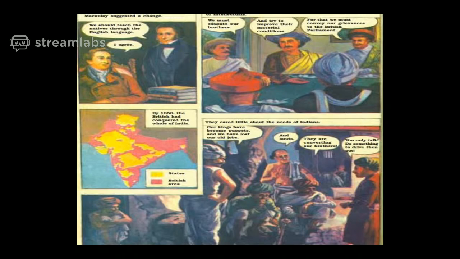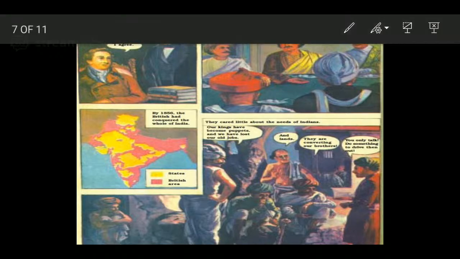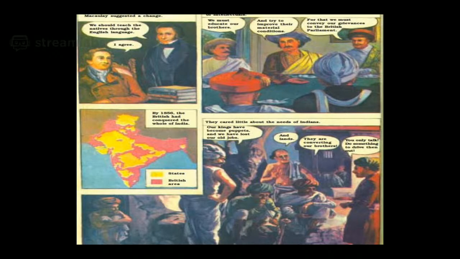But now these Britishers proposed that English should be made compulsory in the institutions so that Indians could work for them, and they would respect them, their culture. So for that, they thought Indians should be given English education.